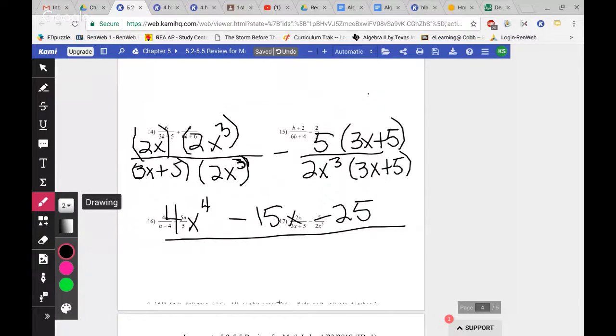I multiplied my x's, but didn't multiply my coefficients. That looks better. And then I'm just going to rewrite my long denominator that we created. And believe it or not, that's our final answer for that one. We're done.